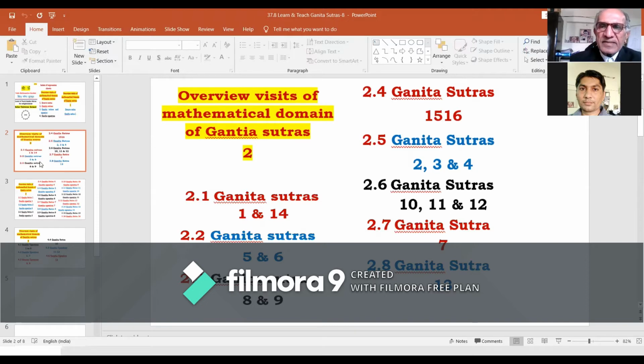However, as the mathematical domain of Ganita Sutras is transcending much beyond the linear order. It is linear order, spatial order, solid order, creative order, transcendental order, and self-referral order, which are being formatted here in the mathematical domain of Ganita Sutra.